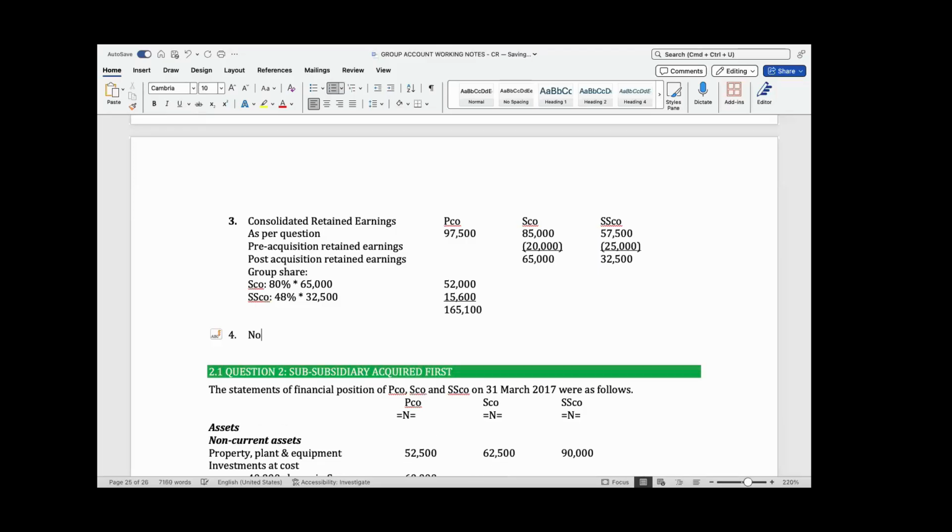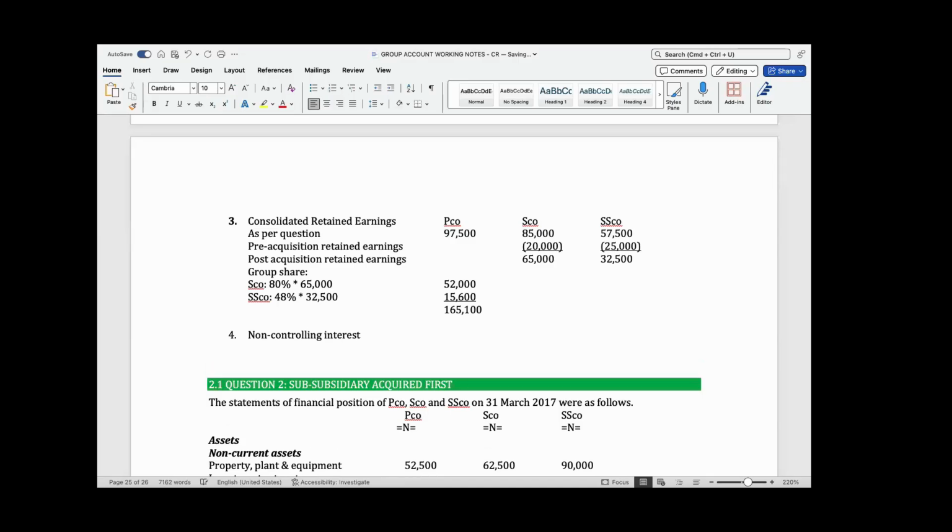Number 4 is non-controlling interest. What's the value of NCI? So we have ESCO and SSCO. So value of NCI as per above.